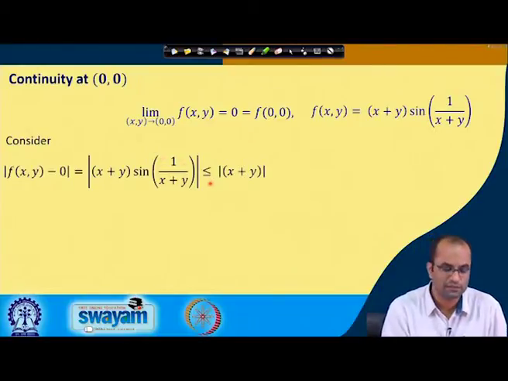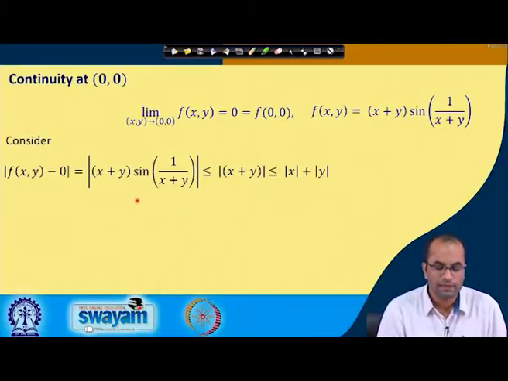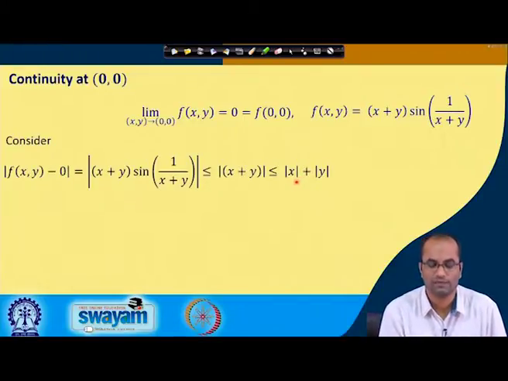So we can write this as less than modulus x plus y. This will be a bigger quantity than this one, and we also know the triangular inequality, that the absolute value of x plus y is less than or equal to the absolute value of x plus the absolute value of y.